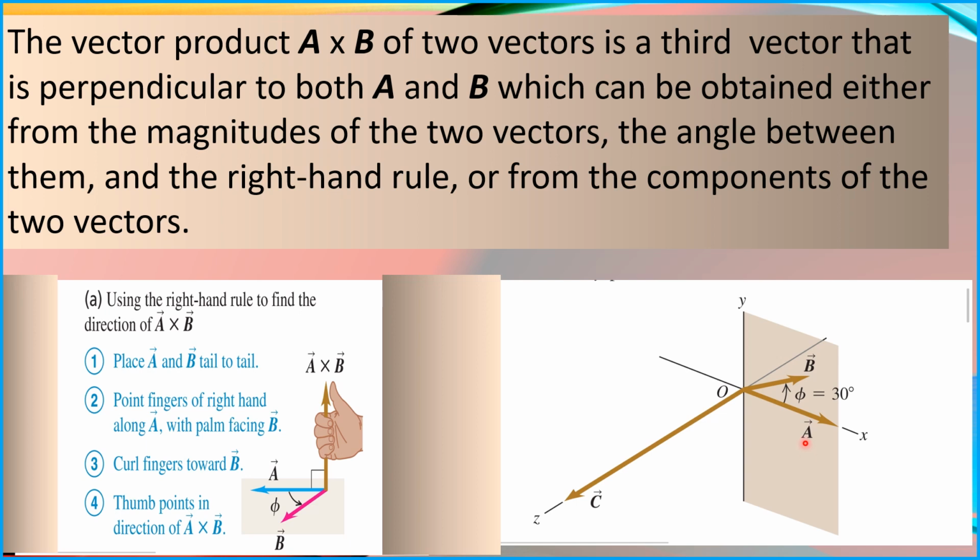Or we can say that vector A and vector B are coplanar. So the vector product or the cross product of vectors A and B is represented here by vector C, and this vector C is in fact directed towards the positive Z axis.